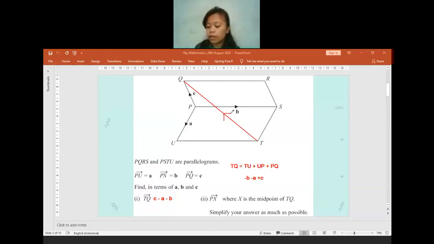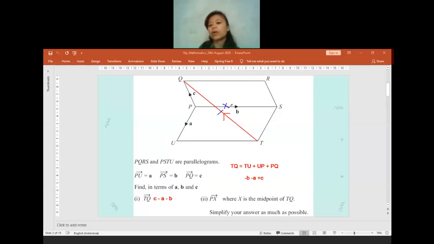And then we already have the arrow and it says the X is the midpoint of TQ. Because this is only a diagram, usually you don't have to draw it accurately. You can just label it. So this is just a symbol that divides TQ into two equal lines. So the X will be there.